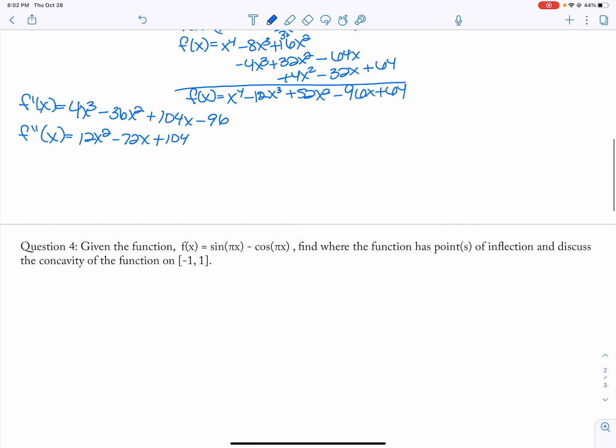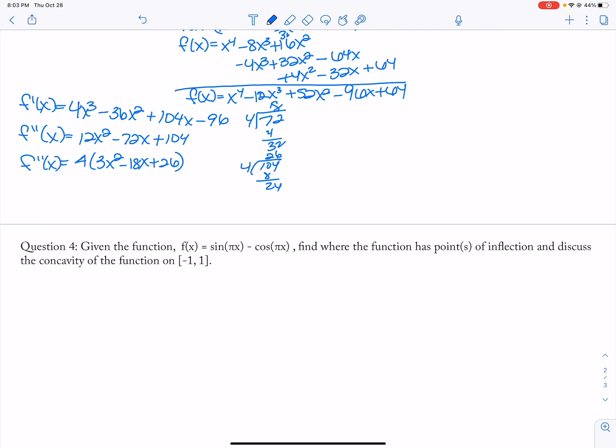So now I want to factor. So 3x squared, 72, pull out a 4, so 18. And then 104 divided by 4 is 26.